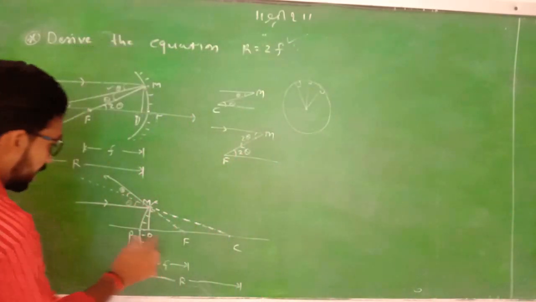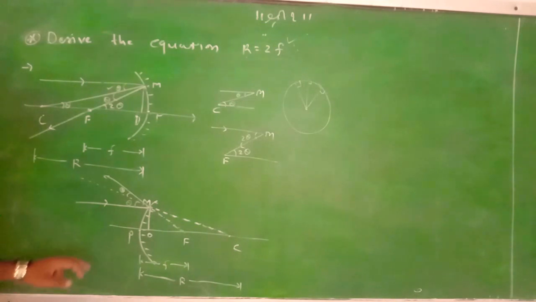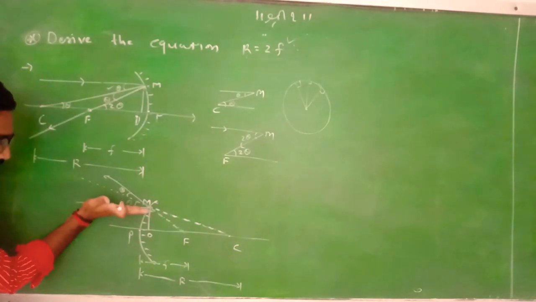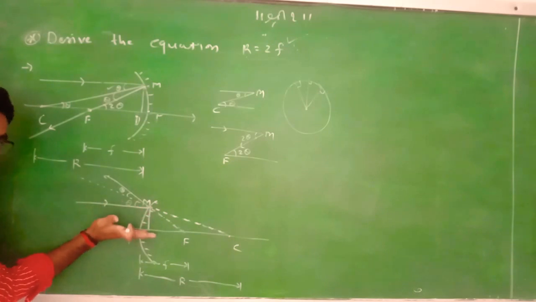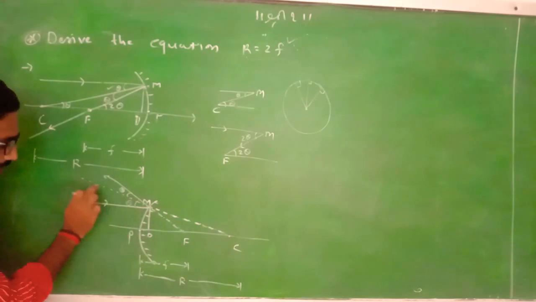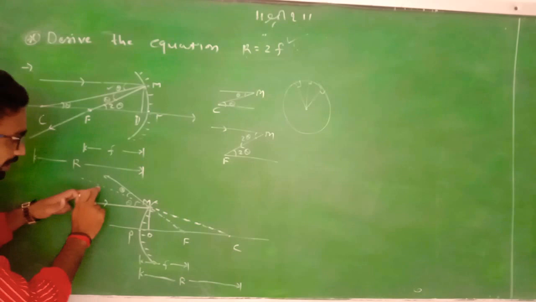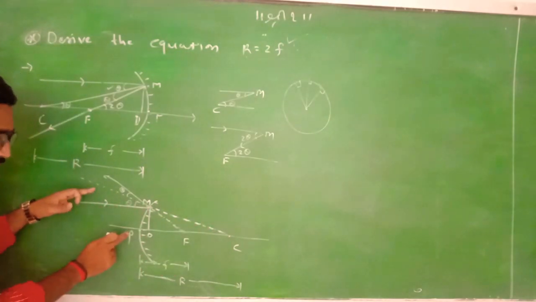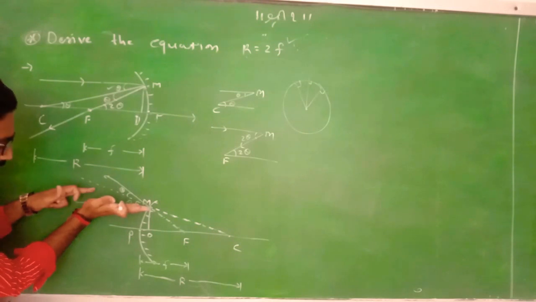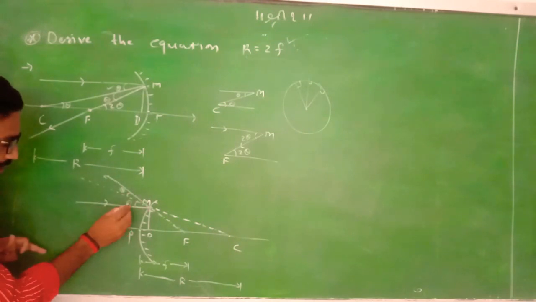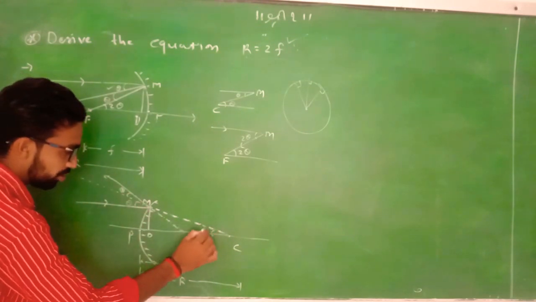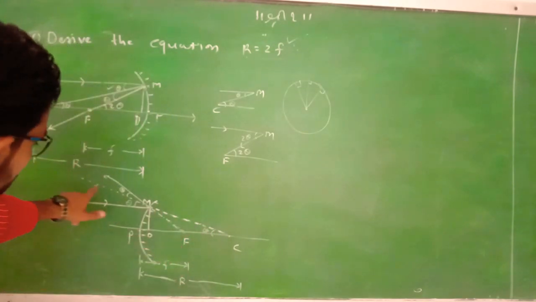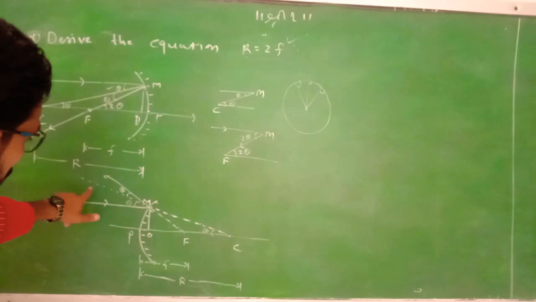The same things you can apply here. You can see this is theta, this is the incident ray, which is parallel to the principal axis. Also this line is normal. The angle between this normal and the incident ray is theta, and this angle is also theta, because this is the same line which is normal.